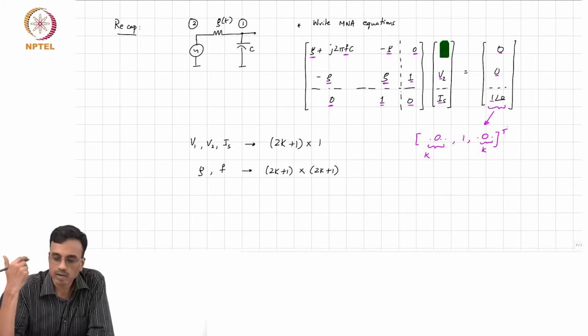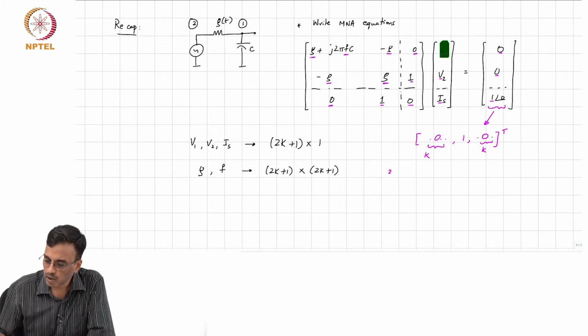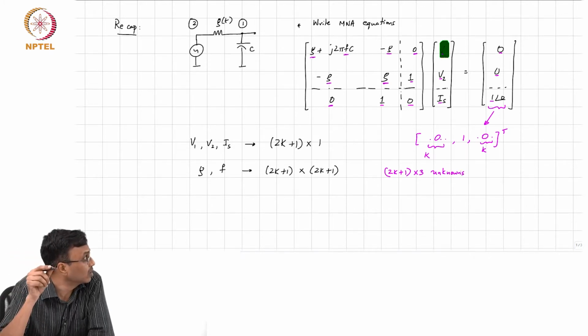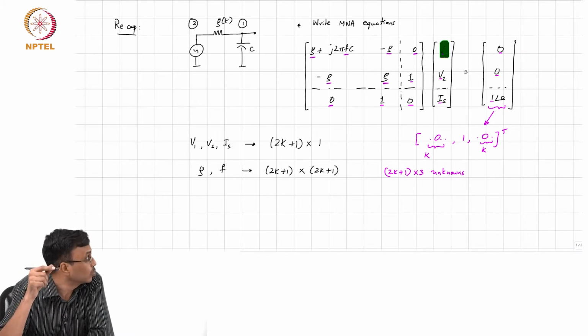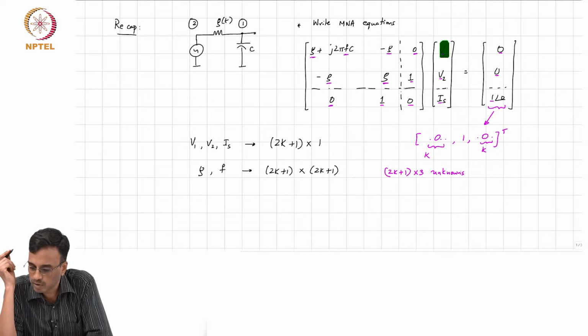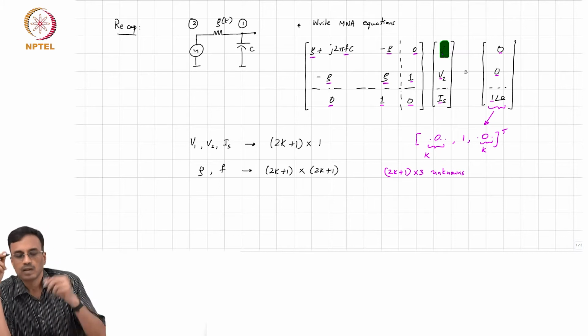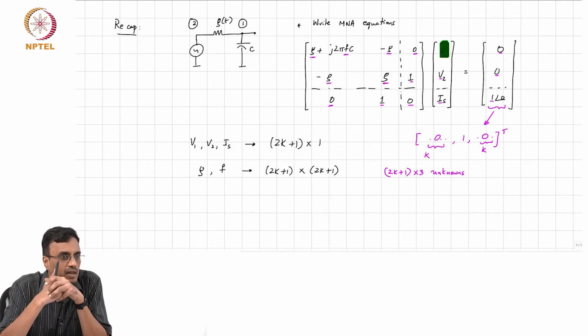Now when you solve these, in this particular example, there are 2K plus 1 times 3 unknowns, right? So they correspond to not only the node voltages V1 and V2, they also correspond to the unknown current in the voltage source, but more importantly, with each unknown you're actually getting all the harmonic transfer functions in one shot, right?